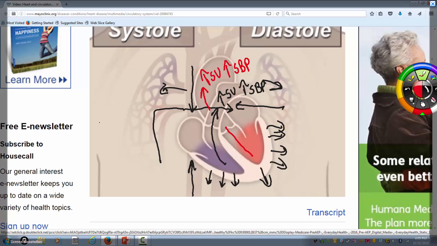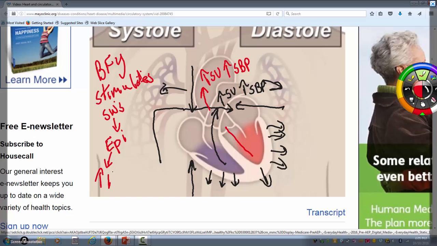Now, is exercise stressful? Yes, it's bad for you, right? Stressful. So when you exercise, that stimulates the sympathetic nervous system and stimulates the release of epinephrine from the adrenal medulla. And we know what that does to your heart rate.